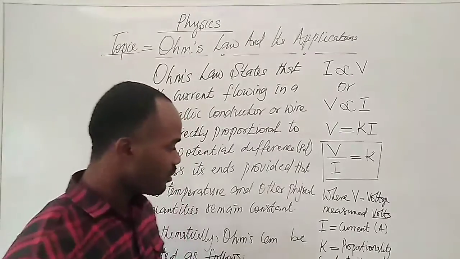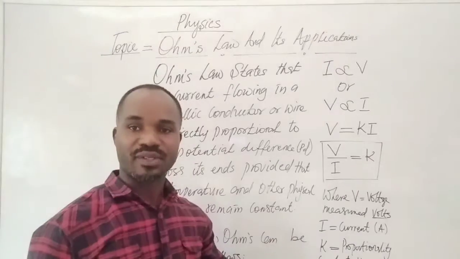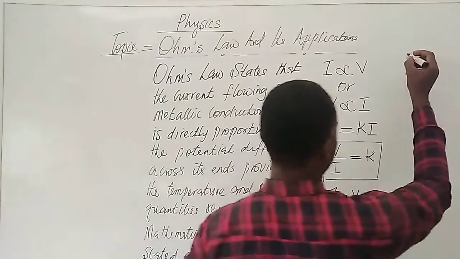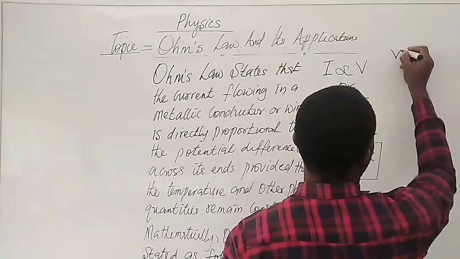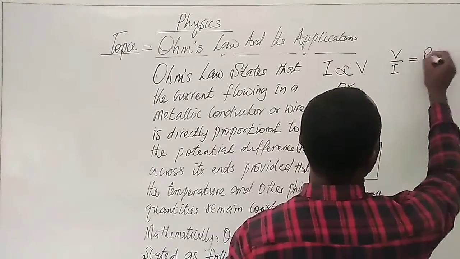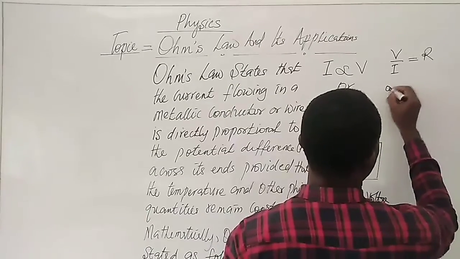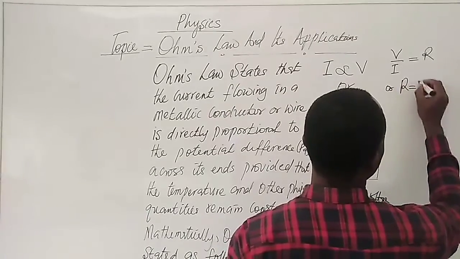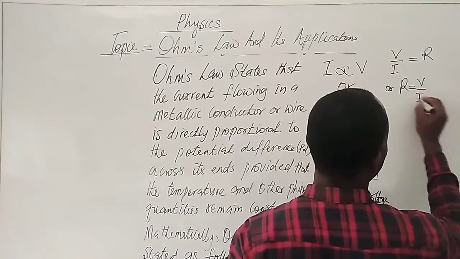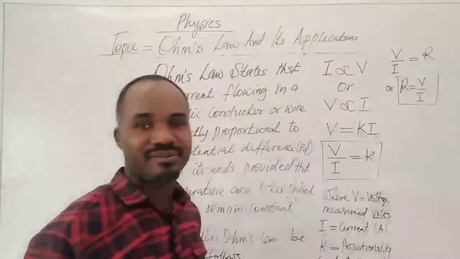The next thing we're going to look at is to rewrite this with the letter R, the resistance. So we have V over I is equal to R, or the other way around, R is equal to V over I. So this makes sense now.